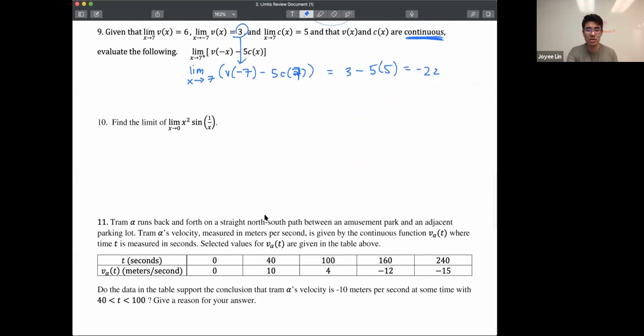One more from section 1, and then I'll give you some more complicated questions. Find the limit of this thingy, x squared sine of 1 over x.